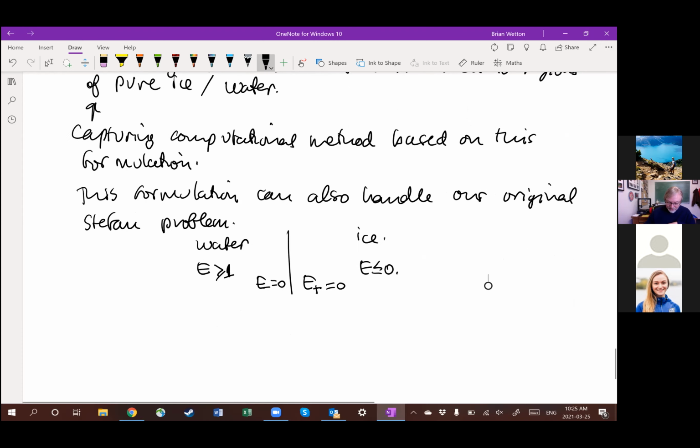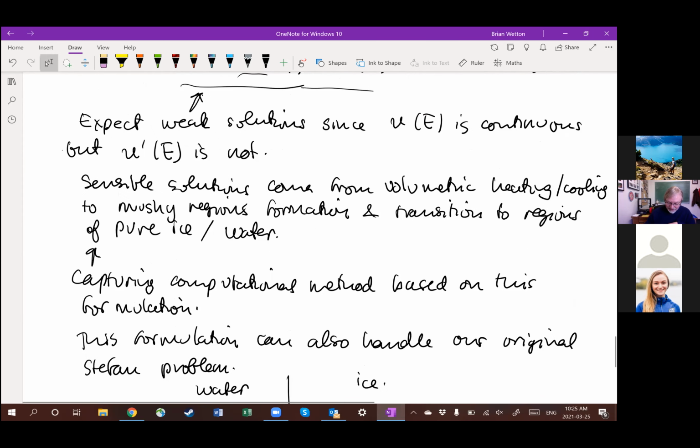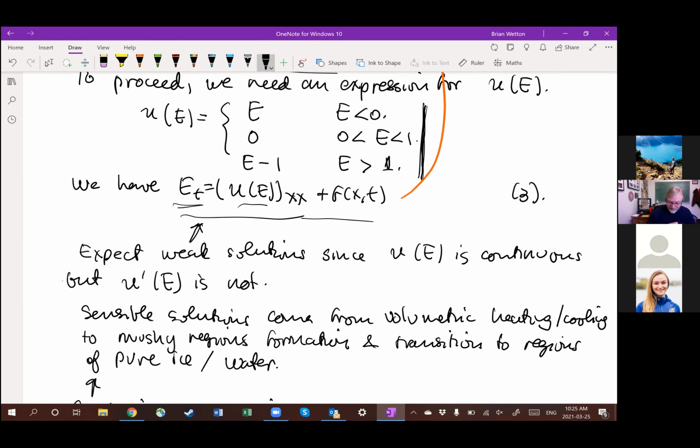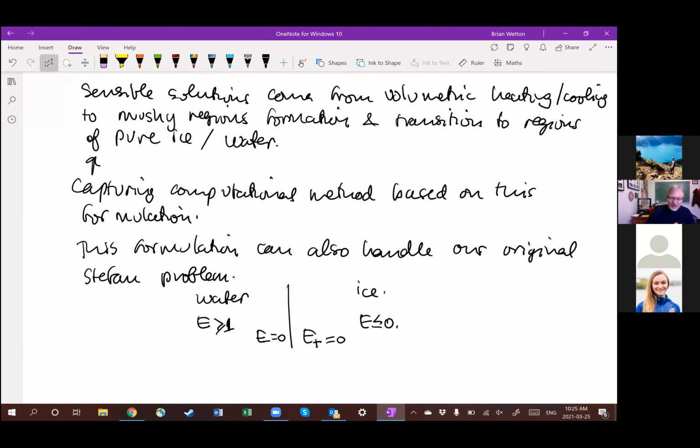So in fact, when I try and put this thing in, I'm going to have discontinuities in E in time. But remember, the Stefan problem has a discontinuity in the derivatives of U. This equation, if you interpret it the right way, can handle those discontinuities as an appropriate weak solution, which is exactly the Stefan problem with this sharp interface between them.